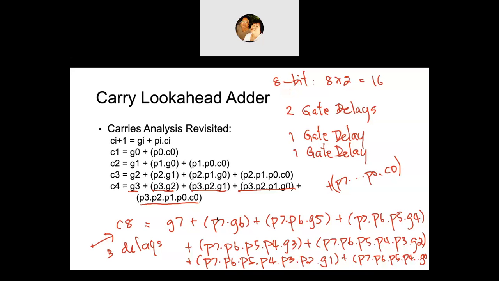The next question is, you notice that here is C8. It's quite complicated now. What happens if we ask for C16? And what happens if I ask you for C32?